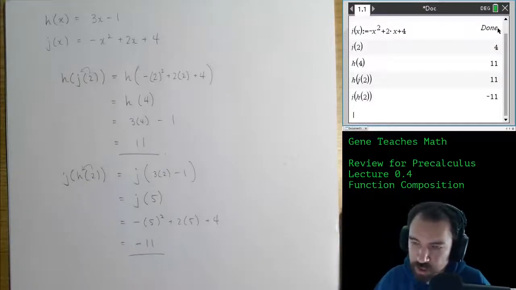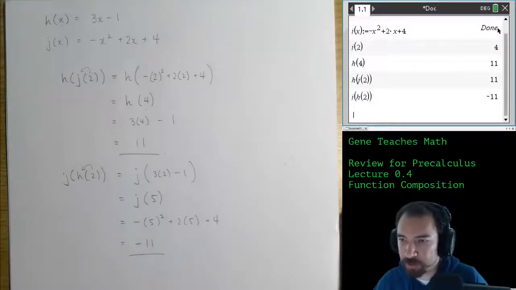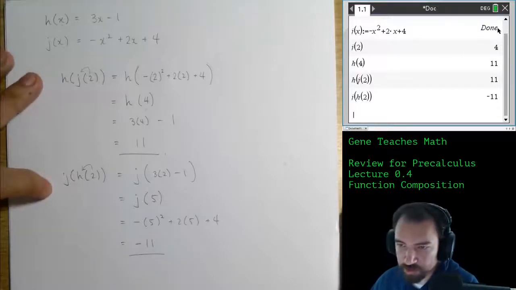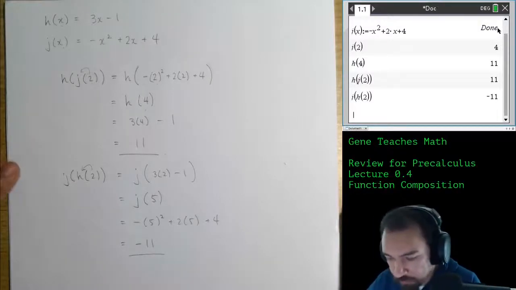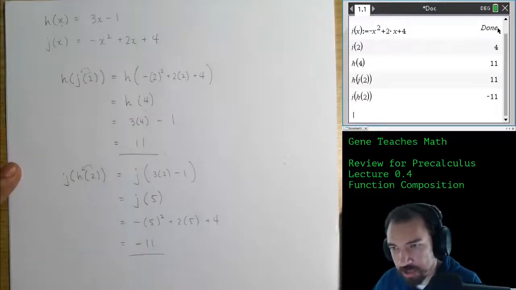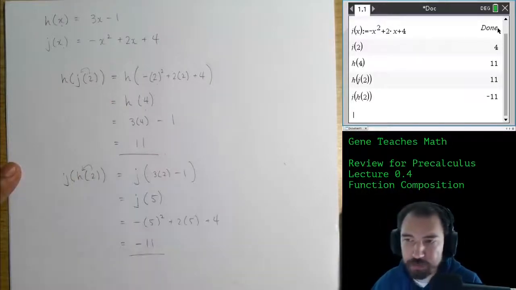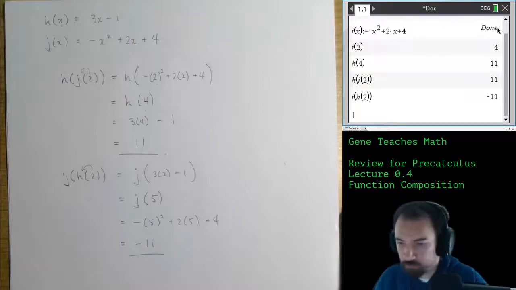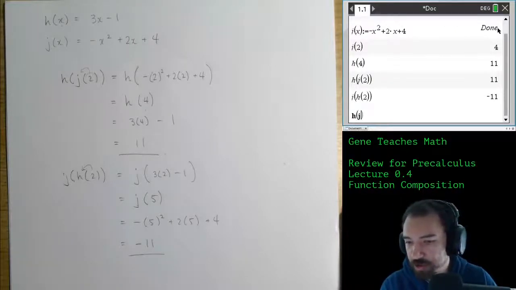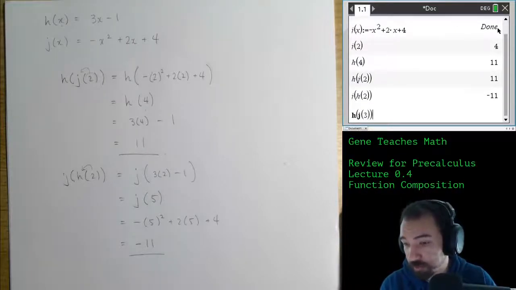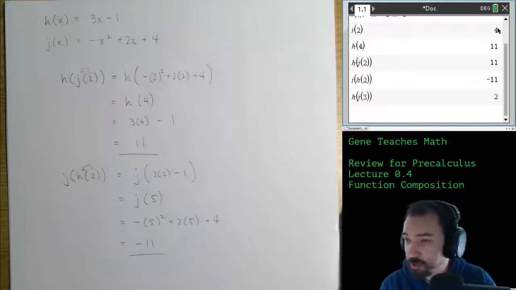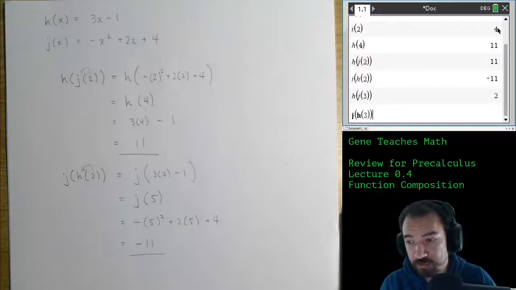Okay. So now that we understand the calculator is doing what we expect it to do, perhaps we can test other cases. For example, what if I look at this and think to myself, well, if I switch the order of h and j, does that just make my answer negative? Well, now we can test it. What if I take h of j of 3, for example? That gets me 2. Now, if I switch the order and say j of h of 3, am I going to get negative 2?